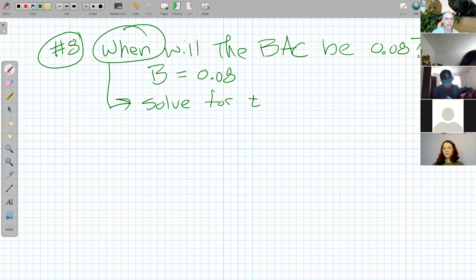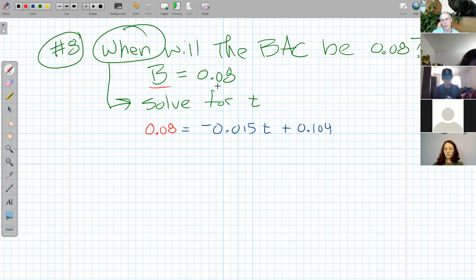So the equation that I had a minute ago was that B equals negative 0.015 t plus that 0.104. I want to replace the B with that number right there. So I'm just going to erase it and fill in the 0.08.